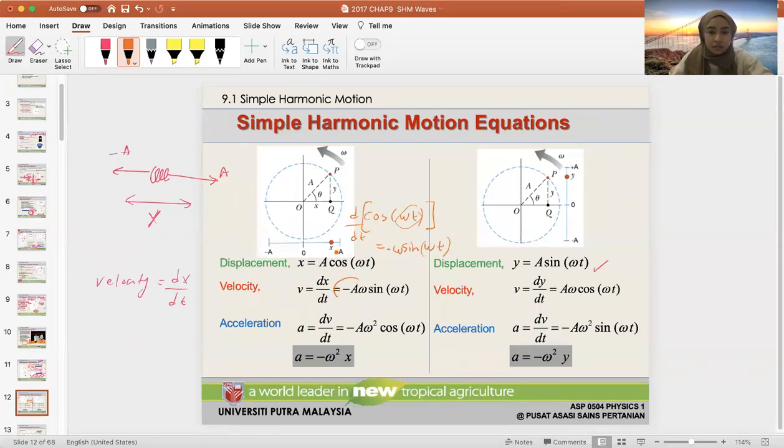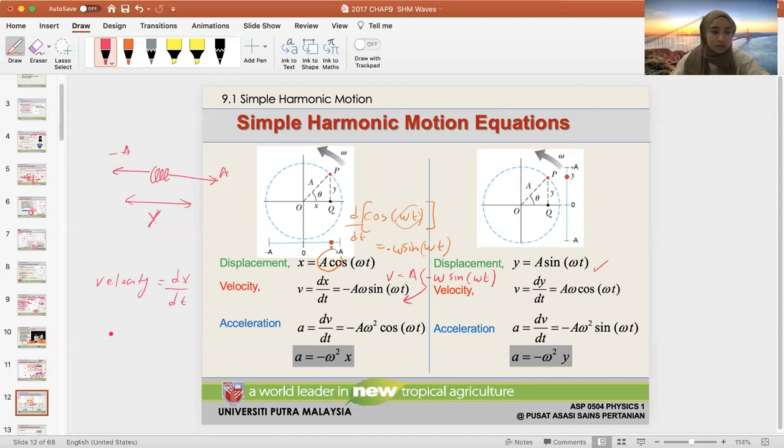This guy is still there. So what should I do? Constant, when we differentiate, I don't have to differentiate A, right? Because it doesn't have t. So your V becomes A times minus omega sine omega t, which is how you get this equation. Okay, negative A omega sine omega t. Okay, now that's my best effort on teaching you differentiation. Saya tak pandai nak ajar math.